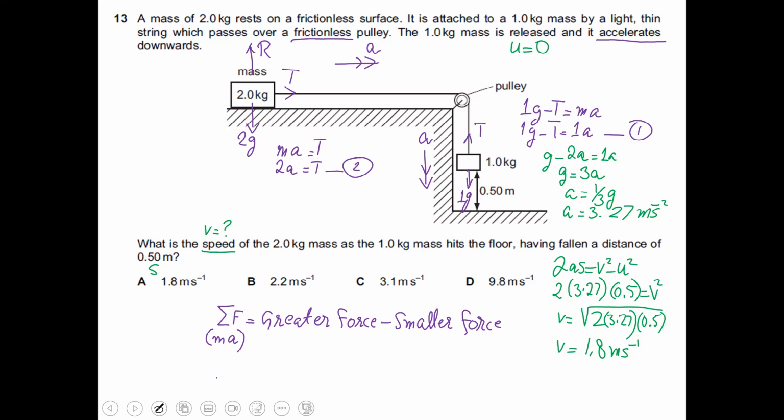Please complete it and give me the update. Done, sir. The answer is 1.8.